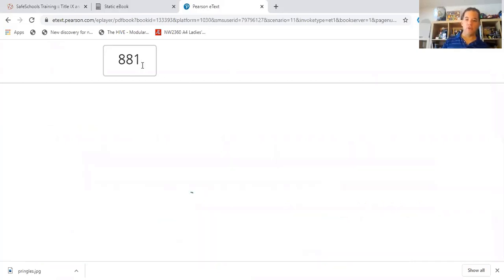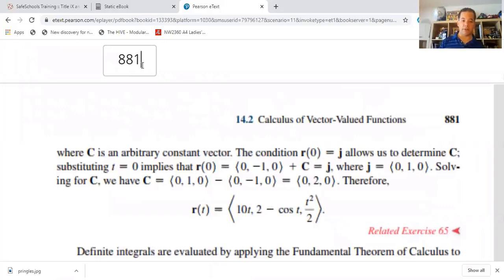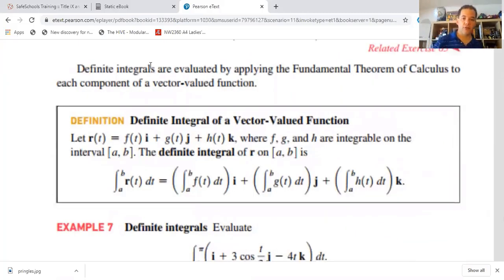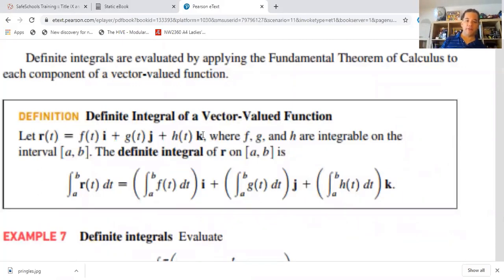What you do is you do the definite integrals of the x part, the y part, and the z part. And we have it right here. So to do the definite integral of a function, we do the definite integral of the f component, the definite integral of the g component, the second component, the y component, and the definite integral of the z component, the one that corresponds to k.